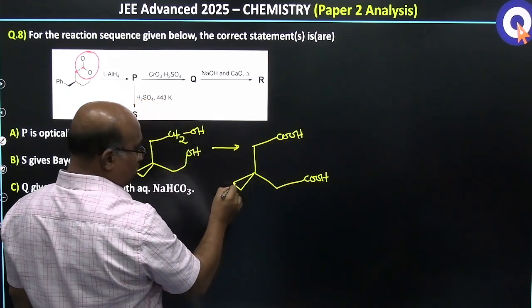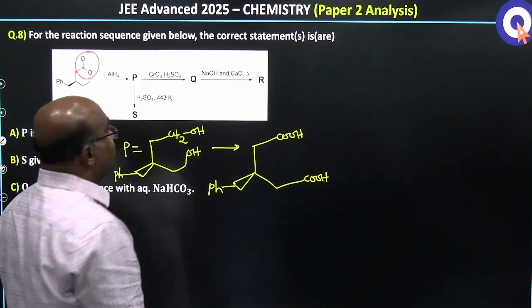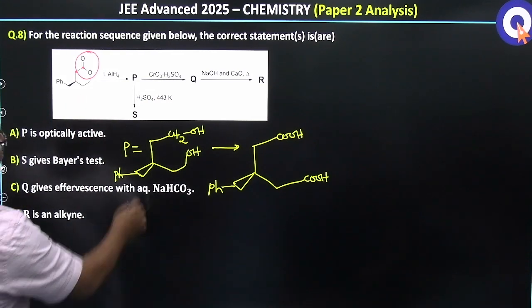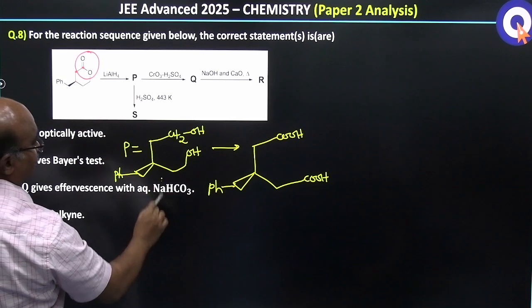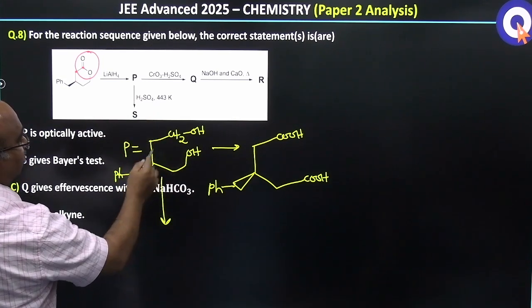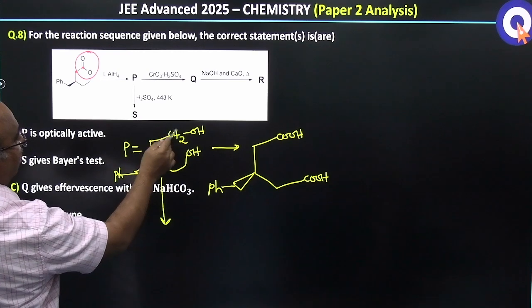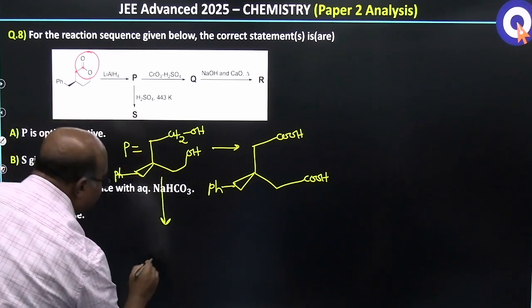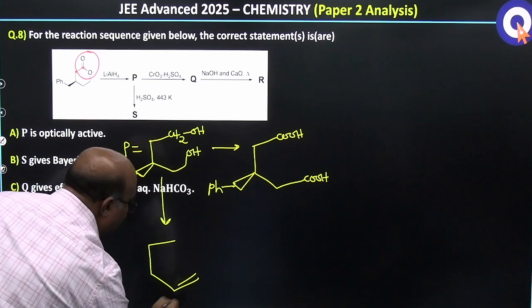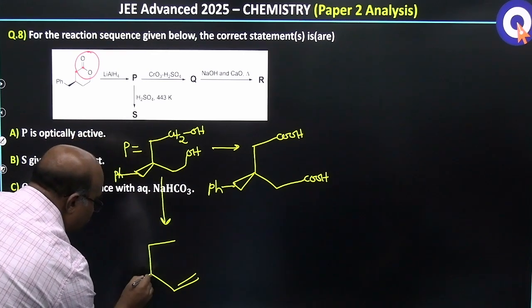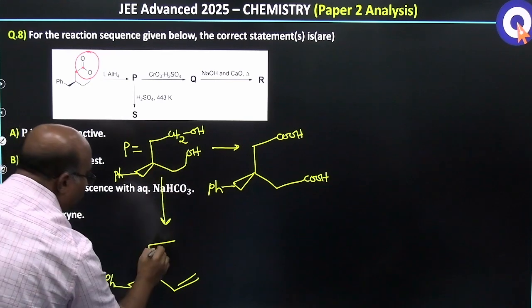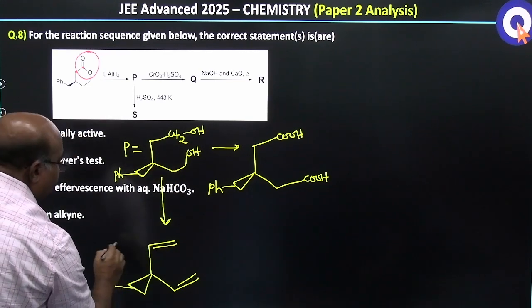Then we have Ph like this. But from this P we are also doing another reaction, that is reaction with H2SO4. This is an alcohol, so it will give double bonds. The reaction will give a double bond here. This is Ph, here double bond. So this is our S.